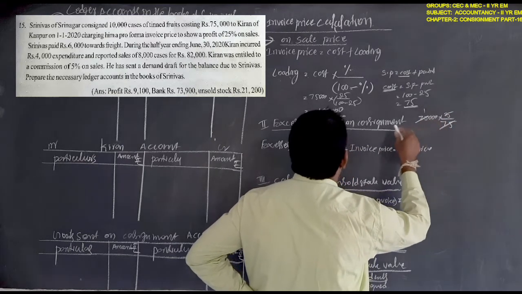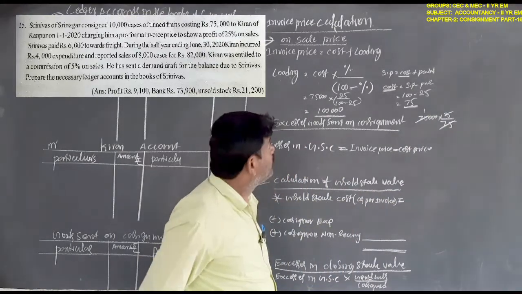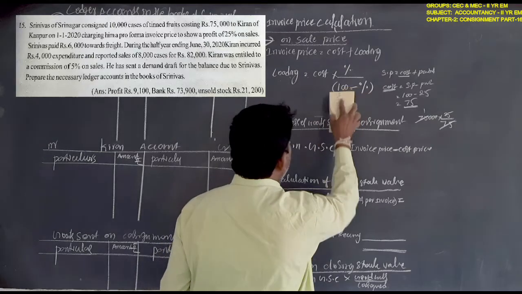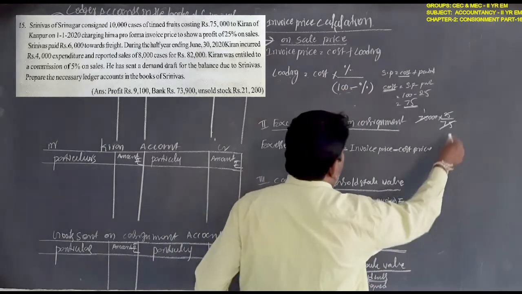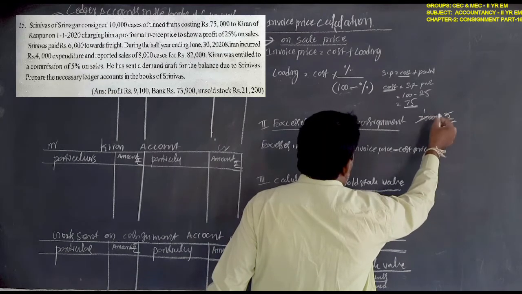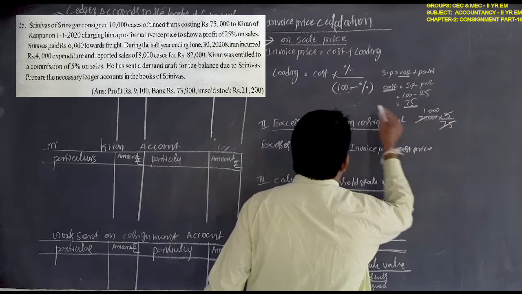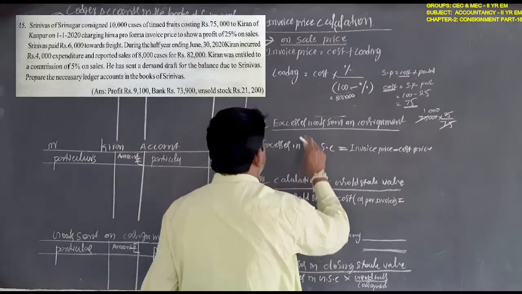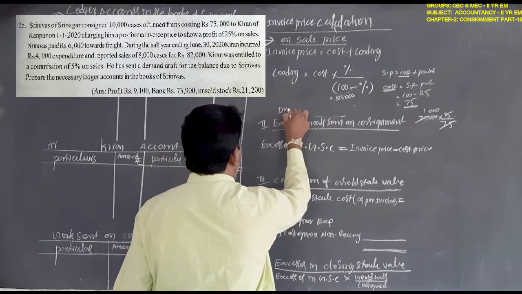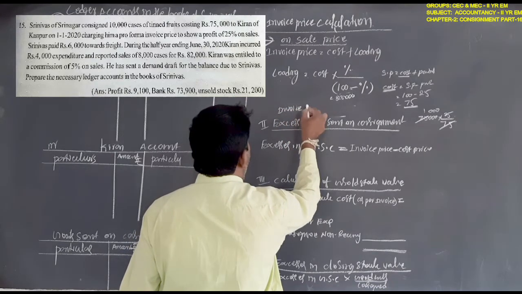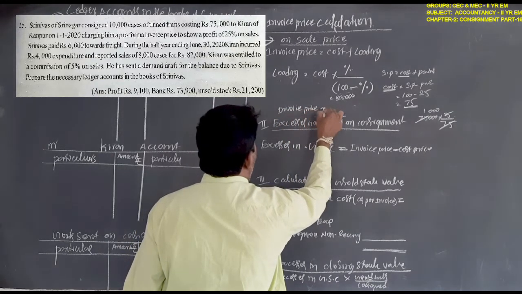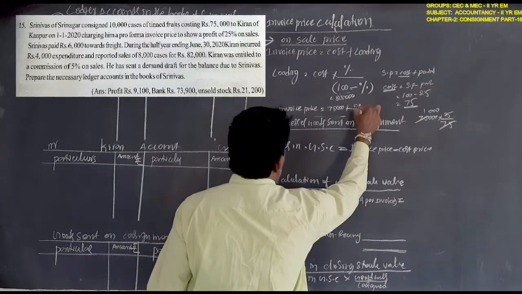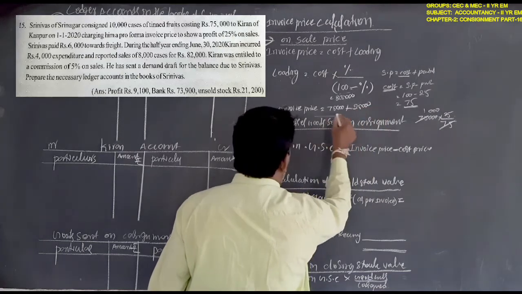Next, we get 25,000. So the invoice price is 75,000 plus 25,000, which is 1 lakh rupees.